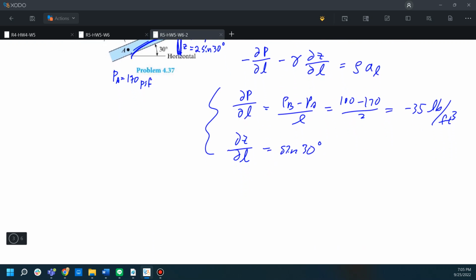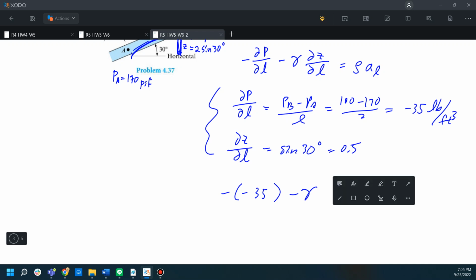So we can further plug those values back into the equation. So it's 35 minus gamma times sine 30, which is 0.5.